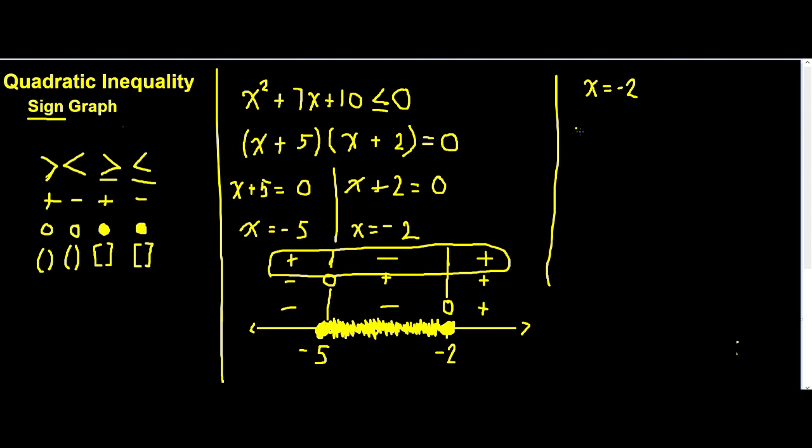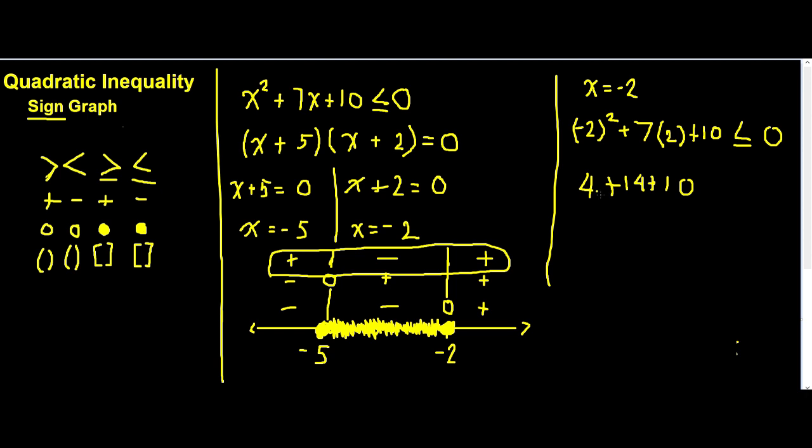So, for example, you have negative 2 squared plus 7 times negative 2 plus 10, lesser than or equal to 0. So, meron kang positive 4, minus 14, plus 10.